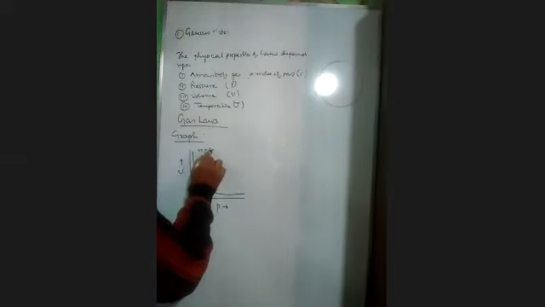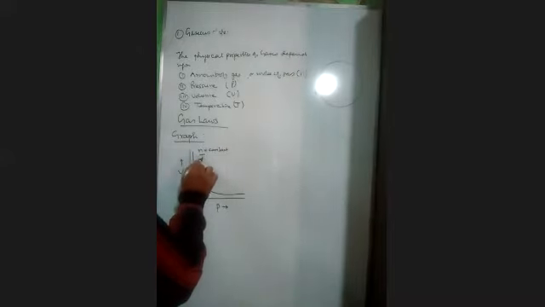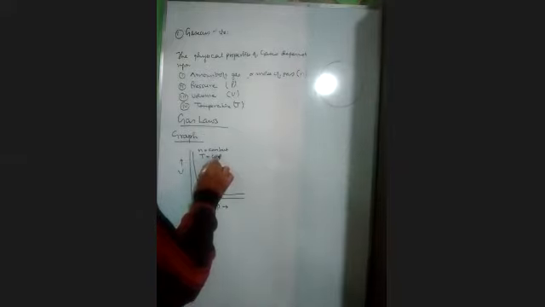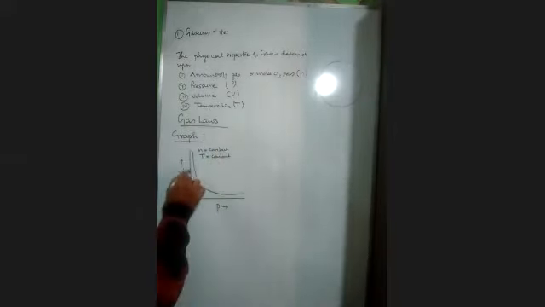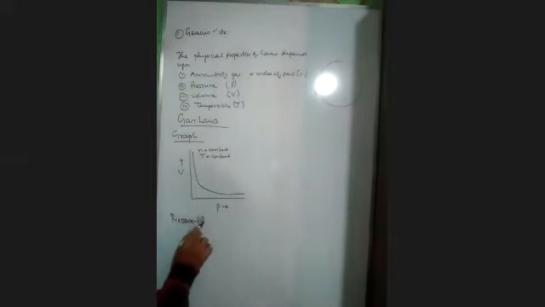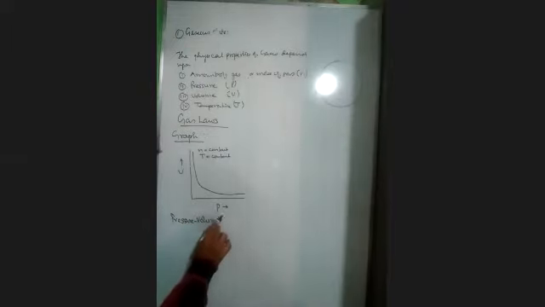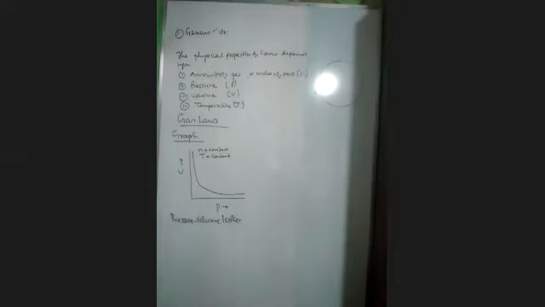N constant and T constant. So this graph is called pressure volume isotherm. Please remember, these graphs are called pressure volume isotherm. Why? Because you have T constant.